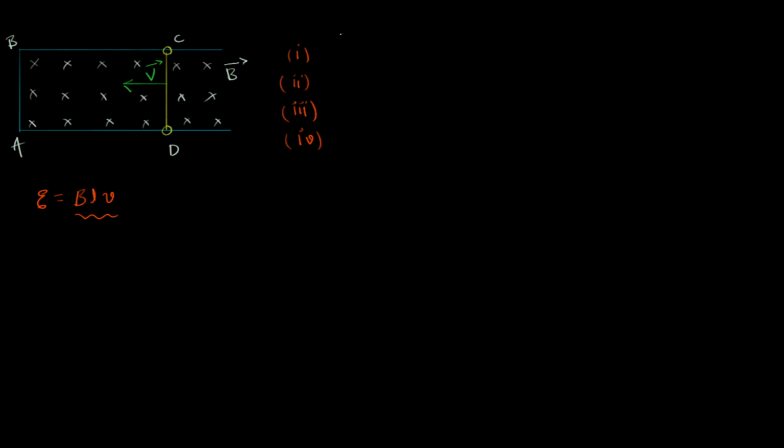Now the question that remains to be answered is what's the direction of this EMF? For that we are going to use Lenz's law once again, going through the four basic steps. First is to identify the original magnetic field's direction, then find out whether the flux associated with the loop is increasing or decreasing.